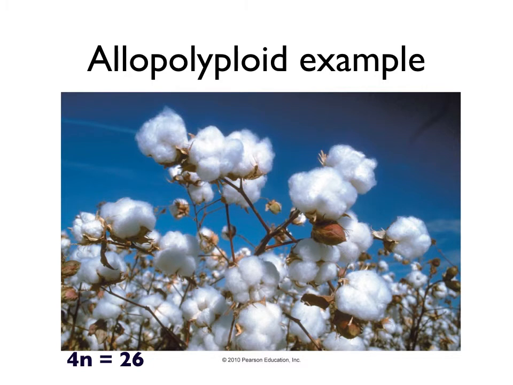And what's remarkable is that the cotton that we grow has 26 chromosomes, okay? And this number is the result of the fusion of gametes from these two different species and then chromosome doubling. It's quite remarkable.